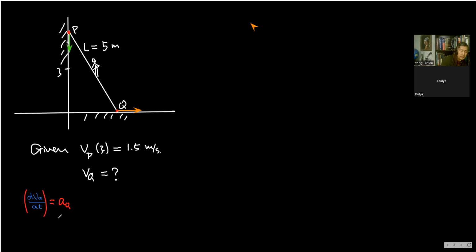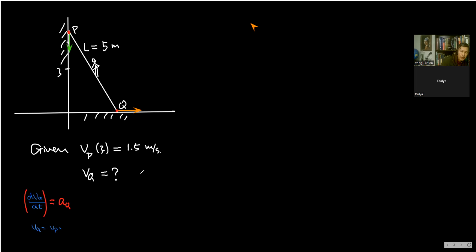We're not necessarily constant, but we are not interested in the acceleration. We only need to find this VP. At any time, can you find the formula for VP at any time? So that is the question. This is given.